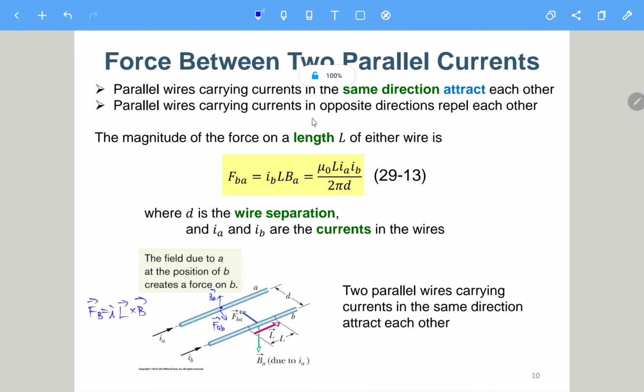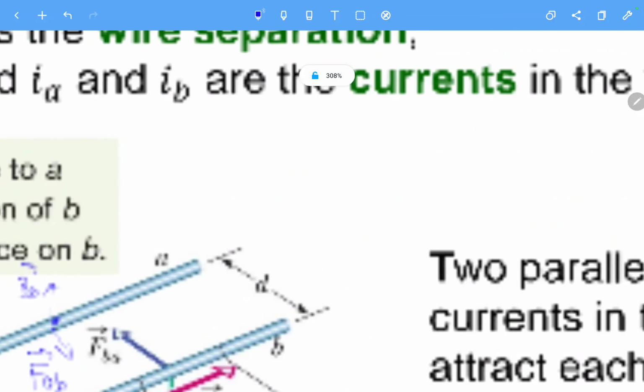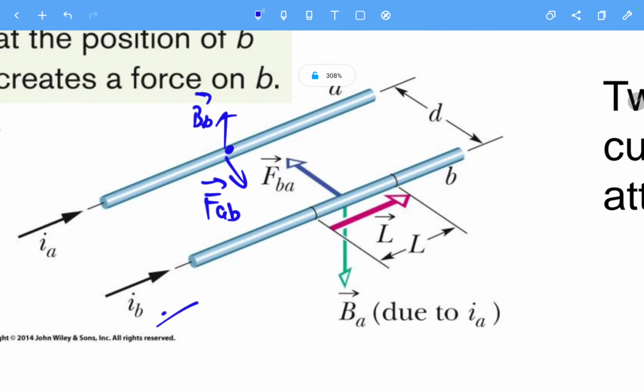You can also practice that if the currents in these two wires are in opposite directions, they will repel each other. If you just assume IB points to this side rather than top right, then you can verify that FBA and FAB still point to opposite directions. Maybe I'll highlight it using another color.